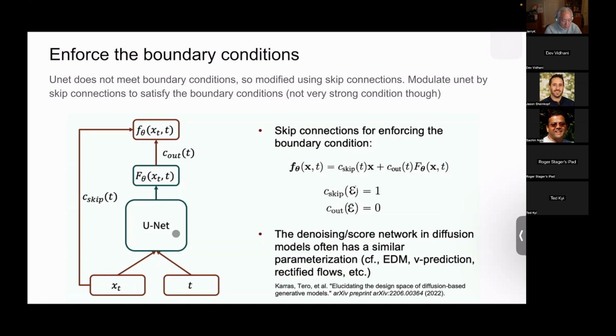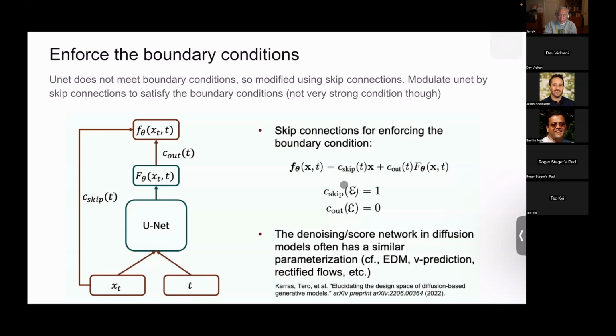So if this was your denoising model, what you're trying to do is to add some skip connections to it, so that your f theta is essentially a function of what is output from your model or a skip connection. And this is a simple trick which is used even by other diffusion models. There's nothing new essentially.